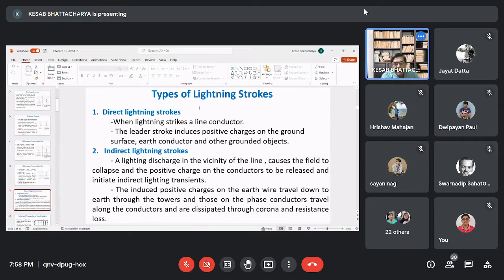Therefore, these negative charges will induce positive charges on the transmission line conductors and also on other conductors and grounded objects. Do you agree with this point?